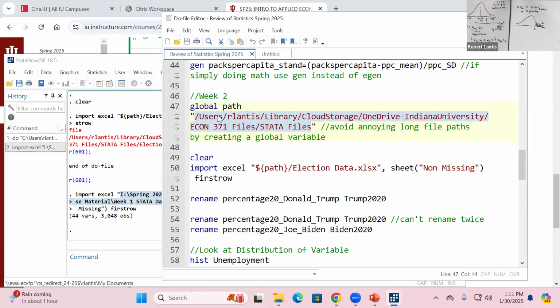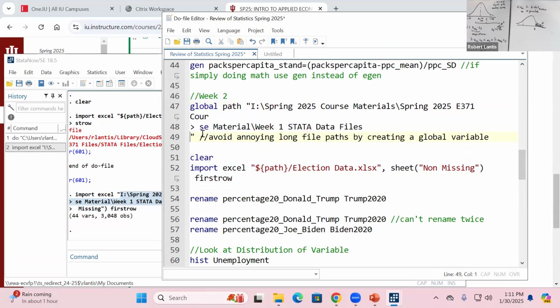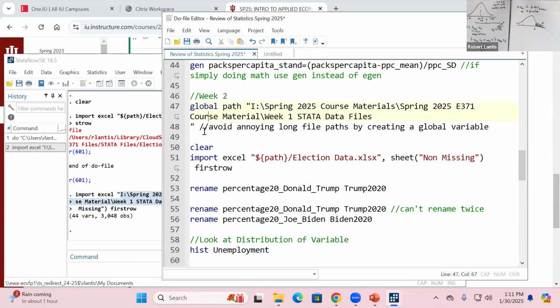This global path command is the same command all the time. Now, because I pasted it from this thing, I put it on different lines, so I had to get rid of those. Also notice the quotation mark down here. I have to make sure that the file path is all looking red. That's how Stata identifies this as text.